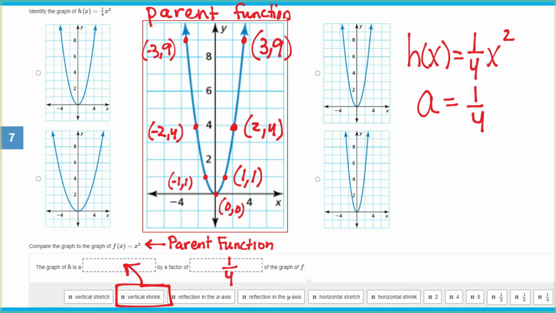Now, all of these graphs can be a little confusing because of the scale. So if you look at the x-axis, here's 1, 2, 3, 4, 5, 6, and here's -1, -2, -3, -4, -5, -6.